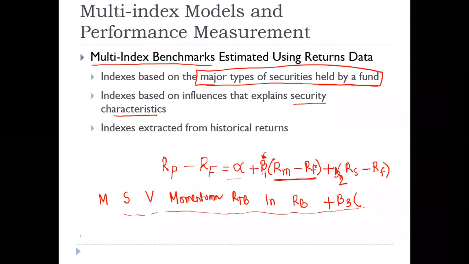Have we got the reason why an author used 16 indexes to measure the performance of the fund? Yes, no?